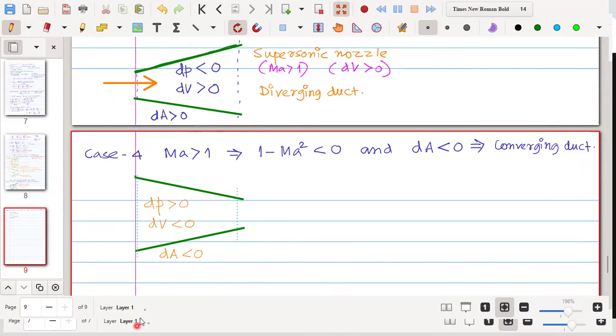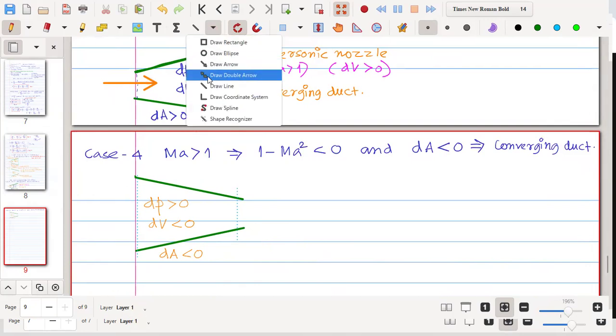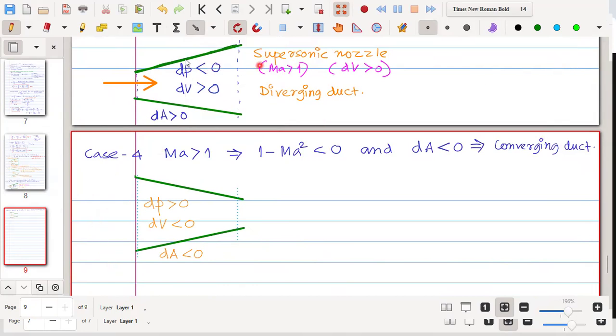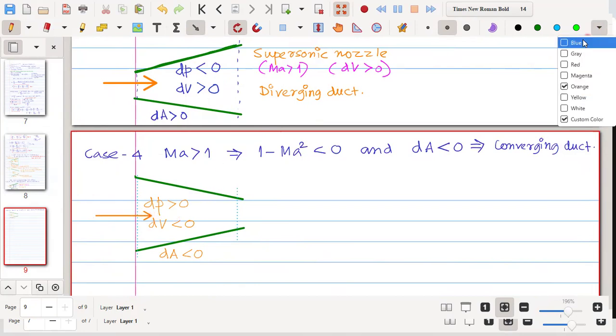So what is the name of this duct? Therefore, it is a supersonic diffuser.